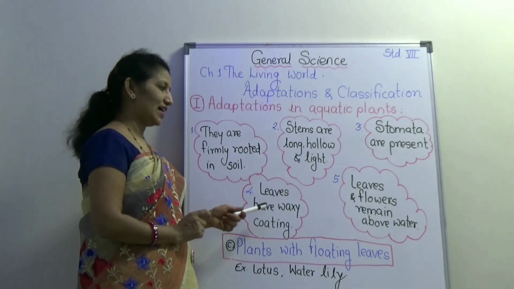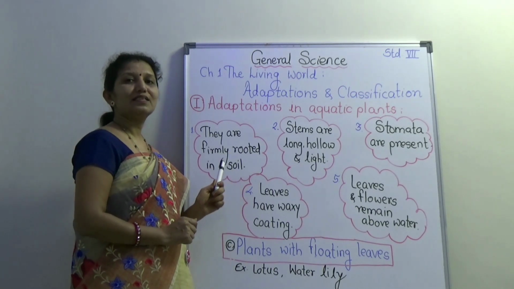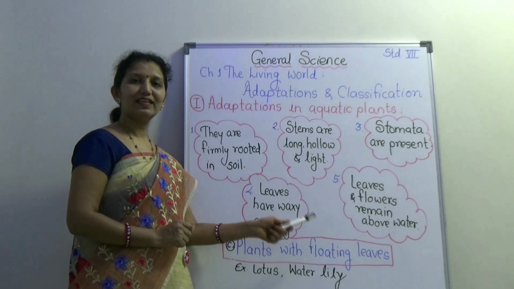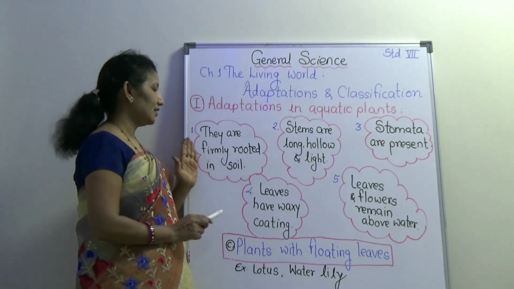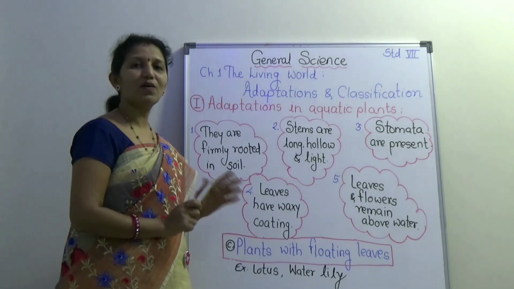So they have a waxy coating. In this way we have studied the different adaptations in the plants with floating leaves. These are the three types of aquatic plants, and we have studied all in detail.